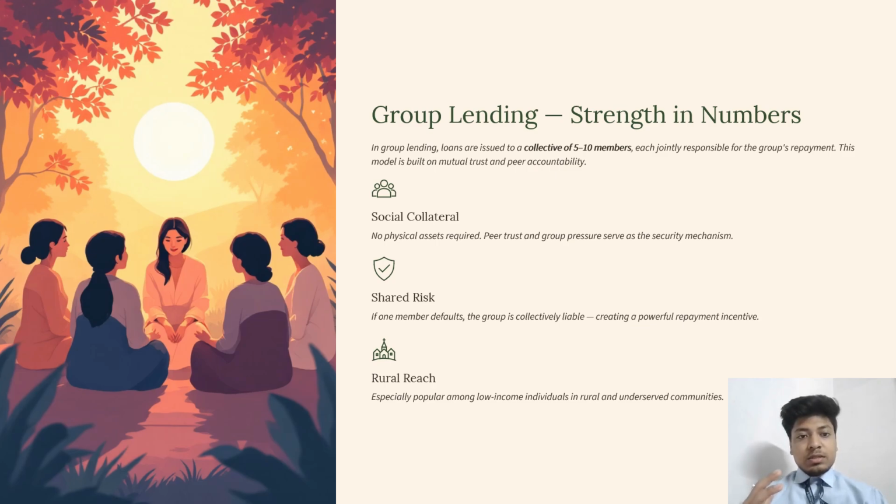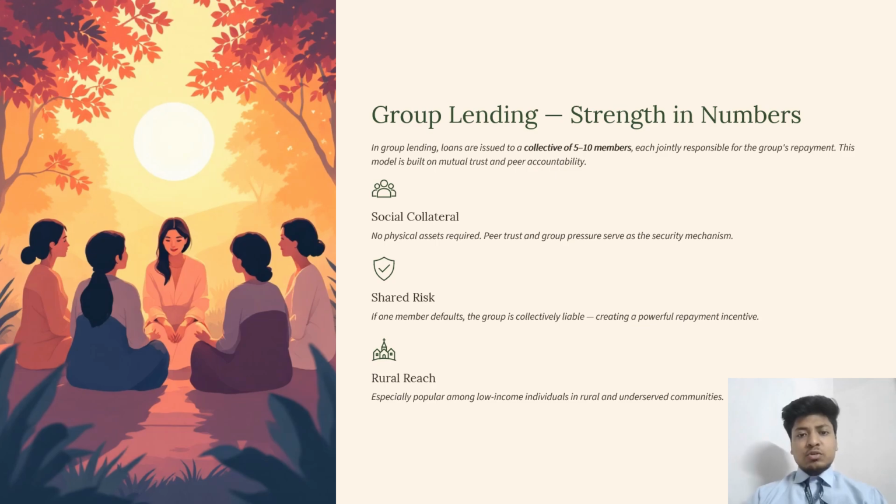Now let's see how it works without collateral. Let's break down the three pillars that make this system work even when people don't have a lot of money or assets. First we have social collateral. In traditional banking, if you want a loan, you have to put something up, like a house or a car, as collateral.